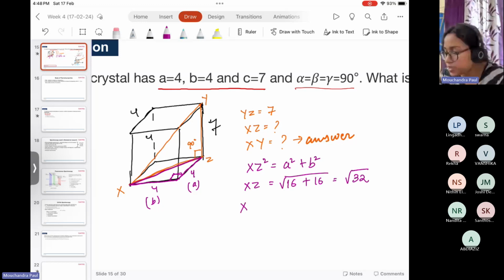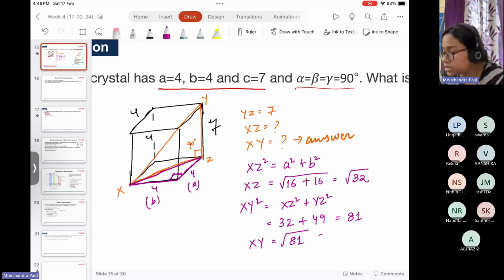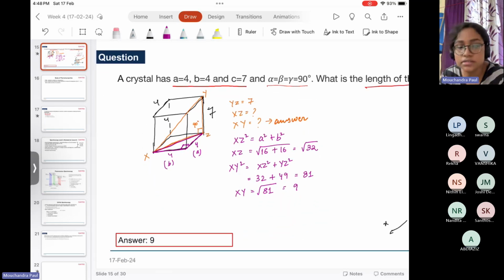Now we have XZ, we just need to find XY. So what will be XY? Use the Pythagoras theorem. 32 plus 49 is 81. Then XY will be root over 81, which is 9. Correct? So the answer here is 9.